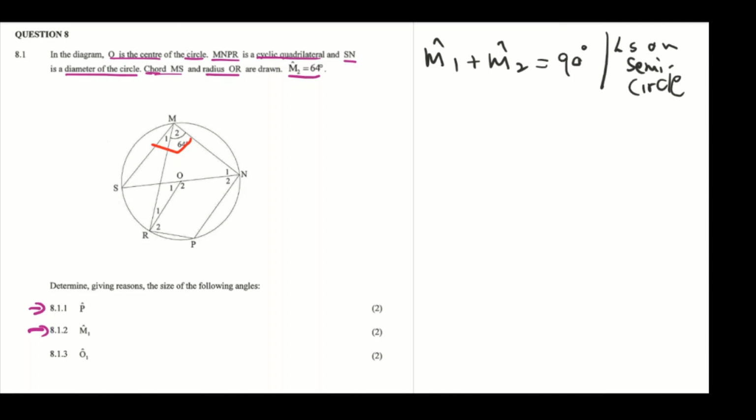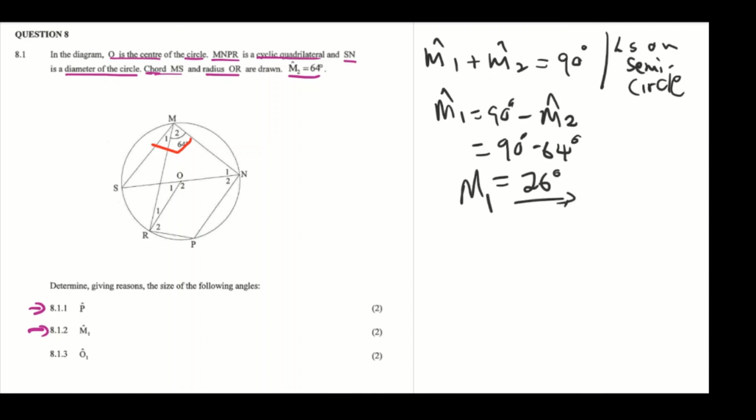We already know M2, so we want to find M1. Angle M1 is equal to 90 degrees minus angle M2, with angle M2 being 64 degrees. So 90 minus 64 gives us 26 degrees. This is your angle M1, so we are done with this question.